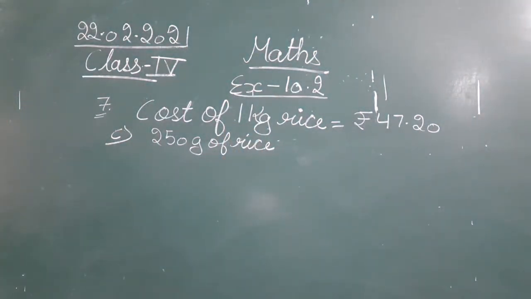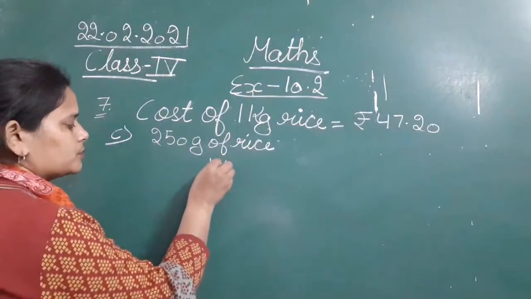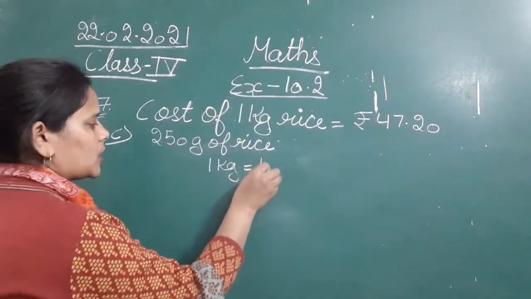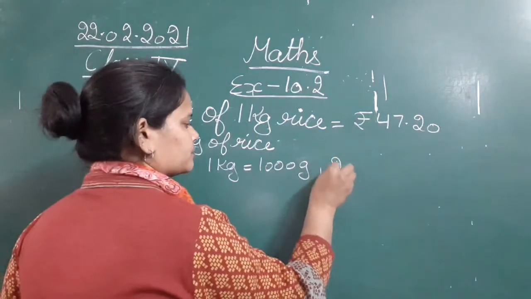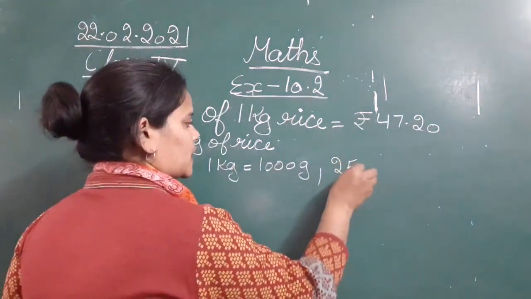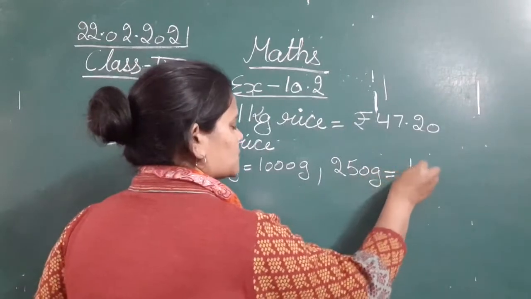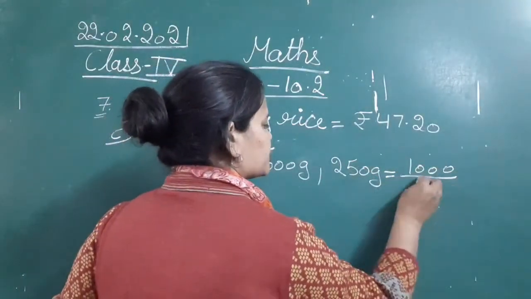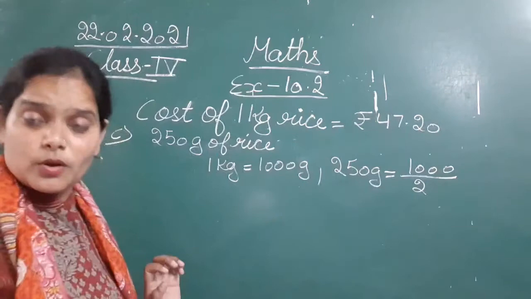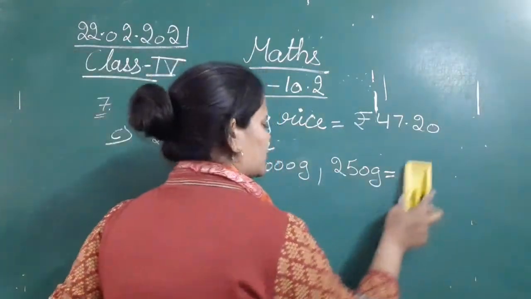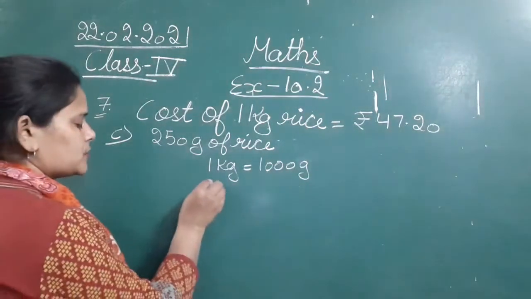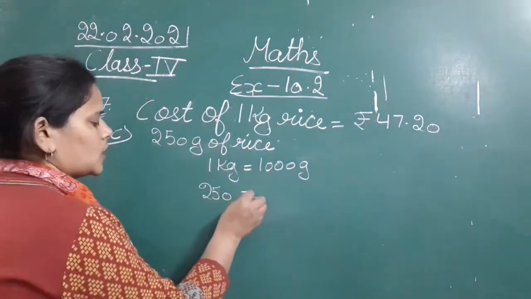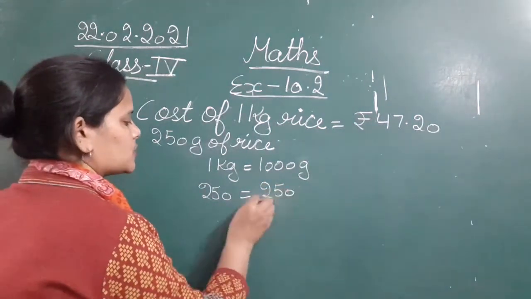So the cost of 250 gram of rice is, okay, so 1 kg is equal to 1000 grams. So that means 250 gram is equal to 250 upon 1000.